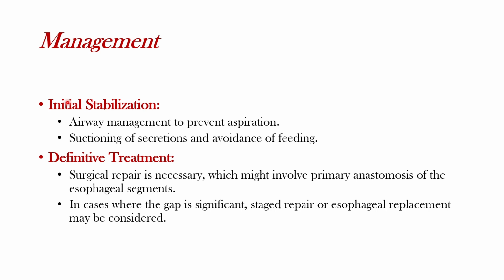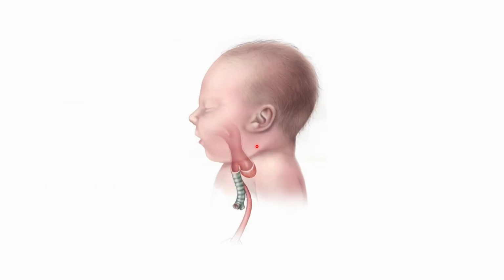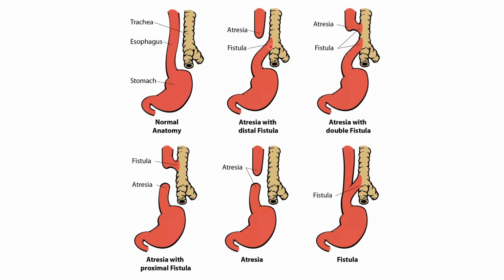For the management, first of all, we do an initial stabilization: airway management to prevent aspiration, suction of secretions, and avoidance of feeding, because of the fistula attached to the trachea in some cases. The fistula which is attached to the trachea can pass things, either air from the trachea to here or food in some cases.